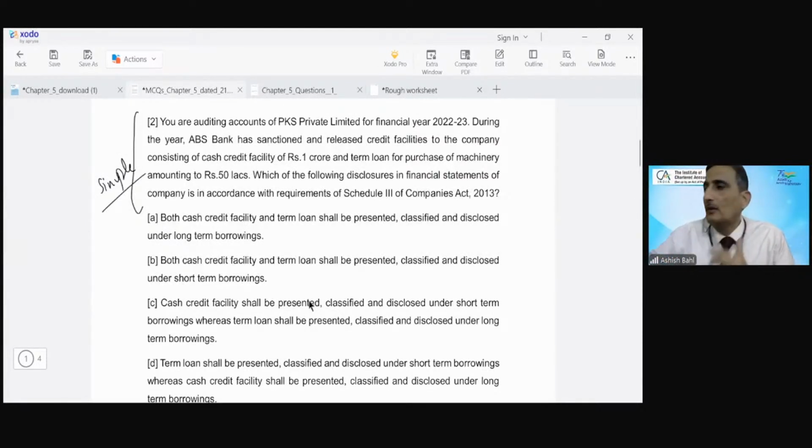Read the question, fairly simple one. It should be easy to do. Question number 2. You are auditing accounts of PKS Private Limited. So you are auditor of PKS Private Limited for financial year 22-23. During the year, some bank has sanctioned and released credit facilities to the company consisting of cash credit limit of 1 CR and term loan for purchase of machinery amounting to 50 lakhs. So what are the disclosure requirements? Yes, guys, very simple.